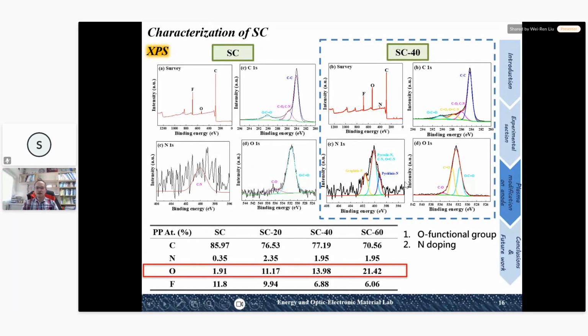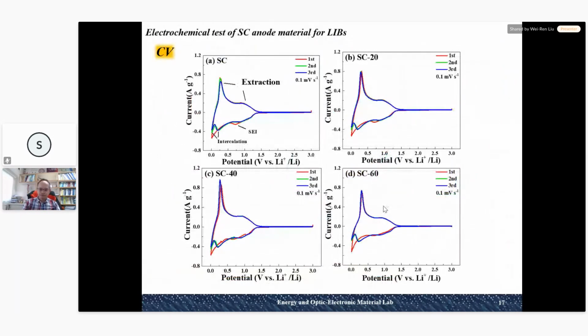From this XPS spectrum, we identify that we successfully made nitrogen doping in the soft carbon structure. As we know, nitrogen-doped carbon could enhance the electrochemical performance for the lithium battery.